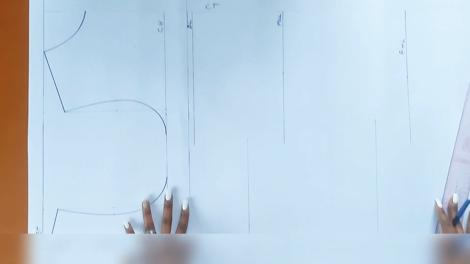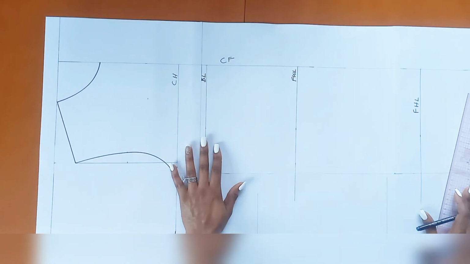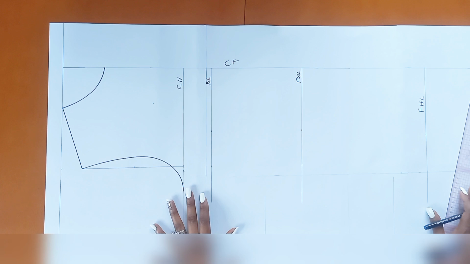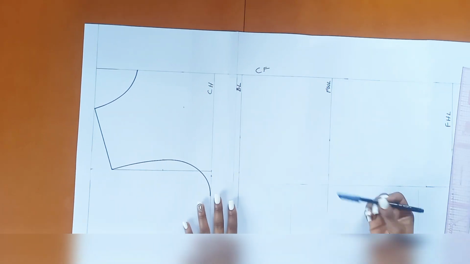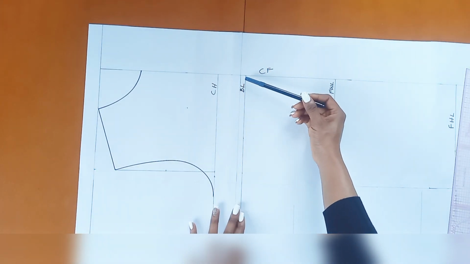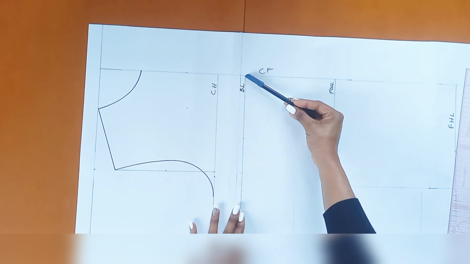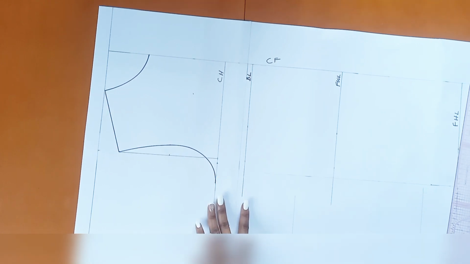So let's start with the front. My bust span being 8 divided by 2 gave me 4 inches. So I'm going to measure 4 inches on my front bust line, 4 inches away from my CF.